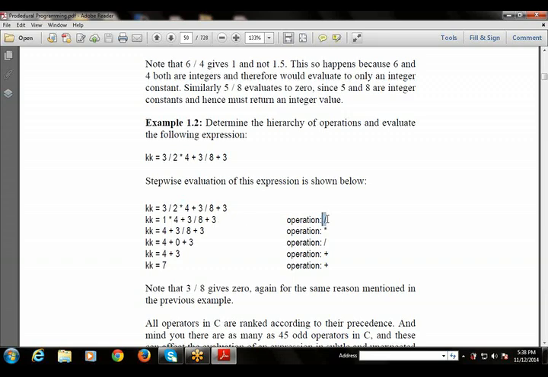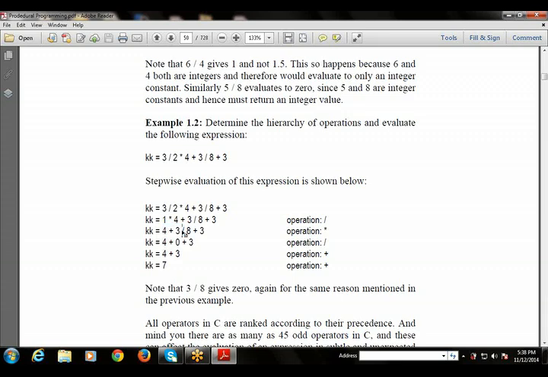Then use the multiplication operator, because multiplication and division are the same level, and on the left-hand side there is first a multiplication, so 1 into 4 is 4 plus 3 divided by 8 plus 3. Then next there is a plus operator, but the plus operator has lower precedence compared to the divide operator.